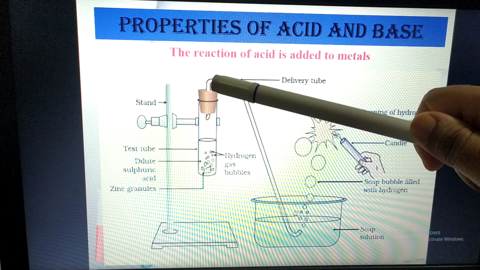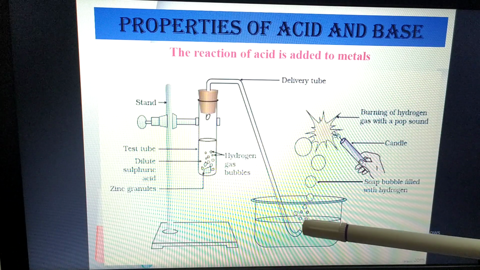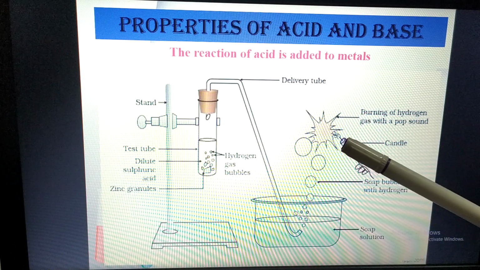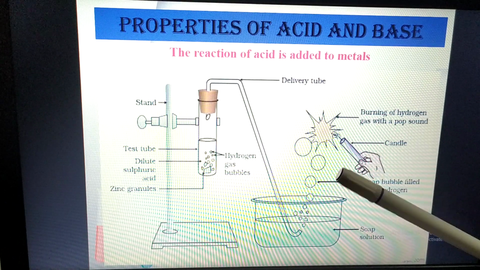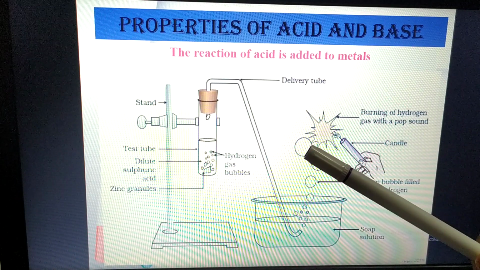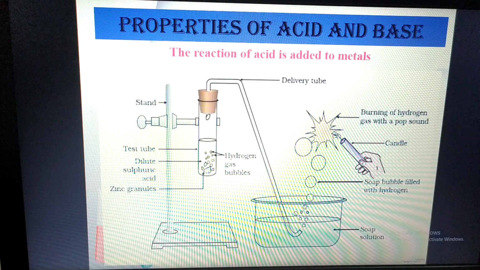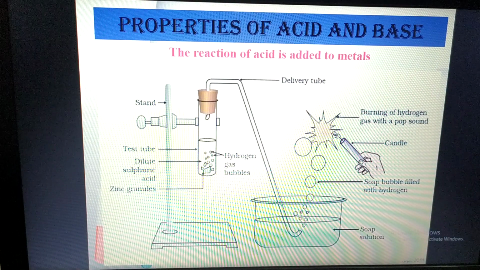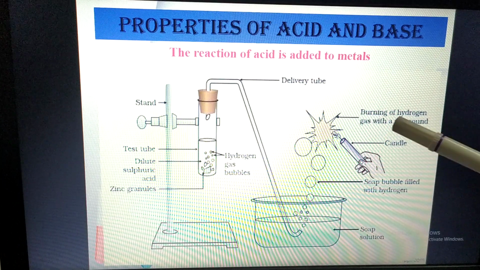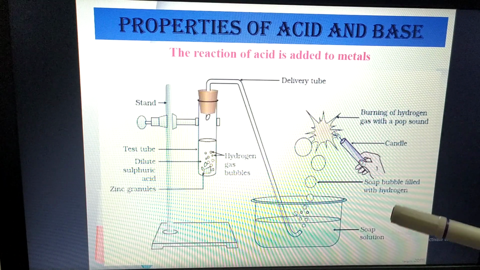And if you take this gas and bring a burning candle near it, the gas will make a pop sound. How will the gas sound? Pop. The burning of hydrogen gas with a pop sound. Clear?